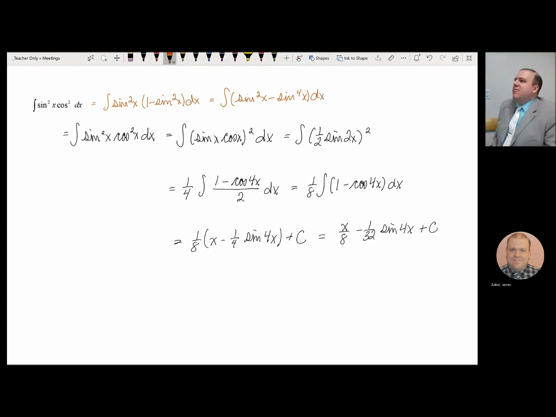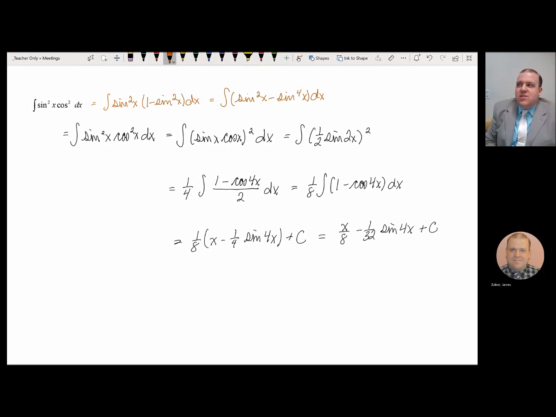Right, let's just say that we tried to rewrite cosine squared or sine squared. It's going to be the same thing, except if you rewrote sine squared, it'd be cosine to the 4th minus cosine squared. What you would then have to do, well, sine squared is easy enough.